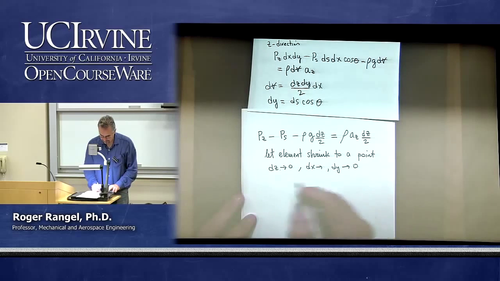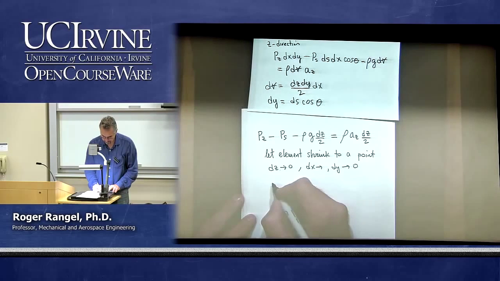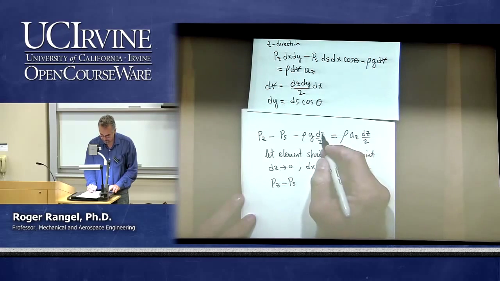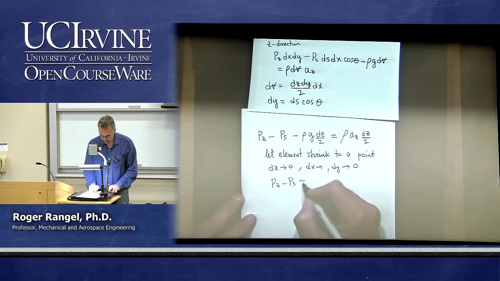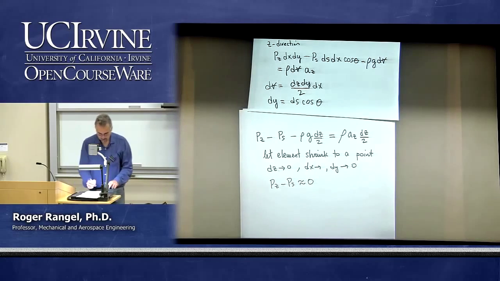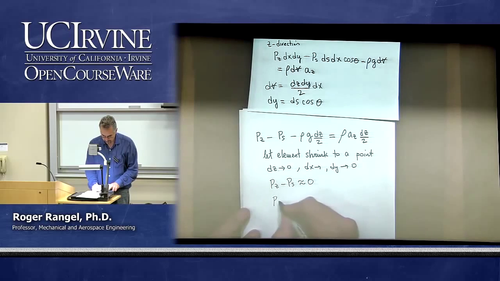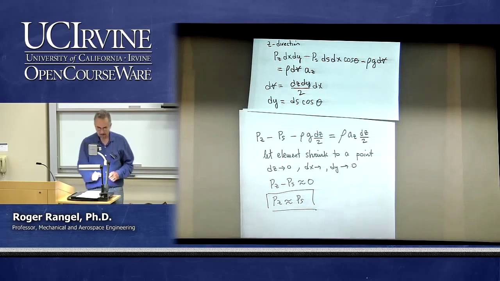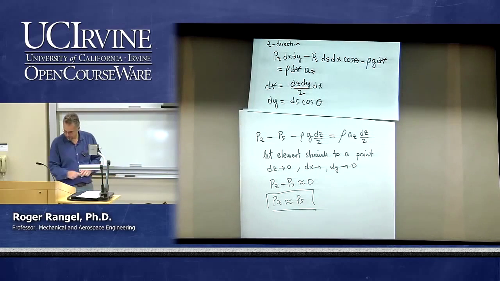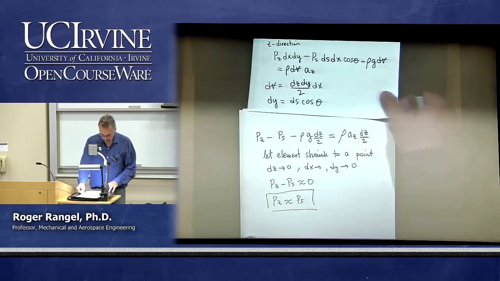So as I take that limit, what I find is that pz minus ps becomes vanishingly small, so is that. So this approaches 0, which of course means that pz is equal to ps.